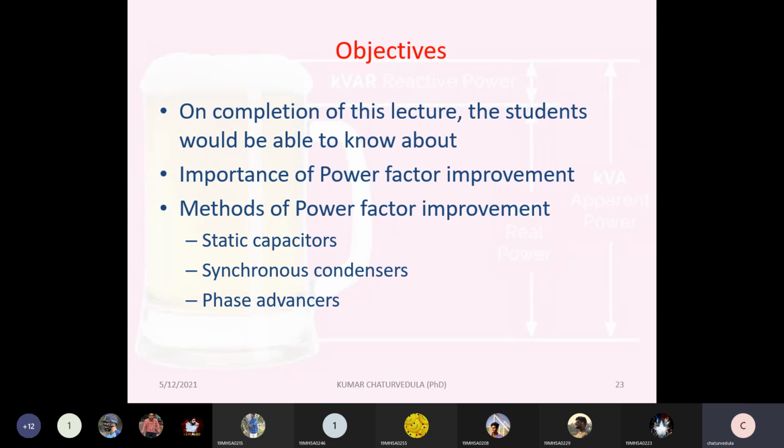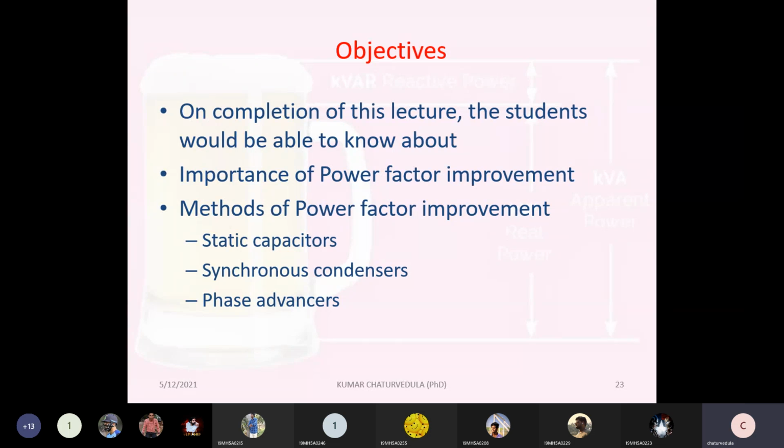Because most of the traditional loads that are working are induction motors, fluorescent lamp lighting, electric arc furnaces, or induction furnaces. Then we have seen sodium vapor lamps, mercury vapor lamps, and welding. These are the majority of the loads, and they are all lagging loads.